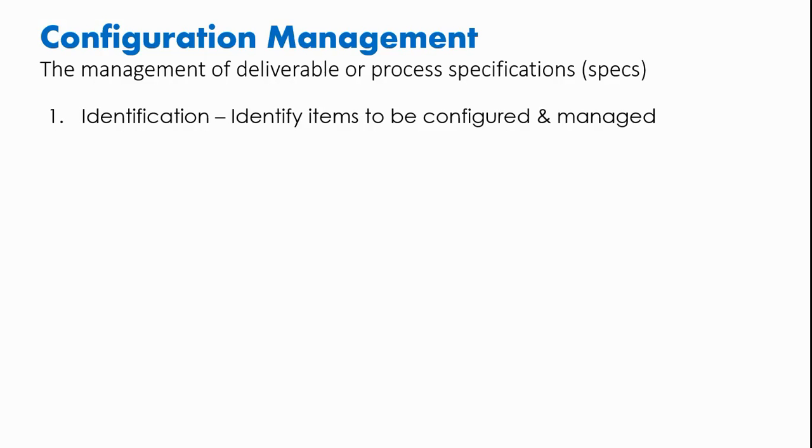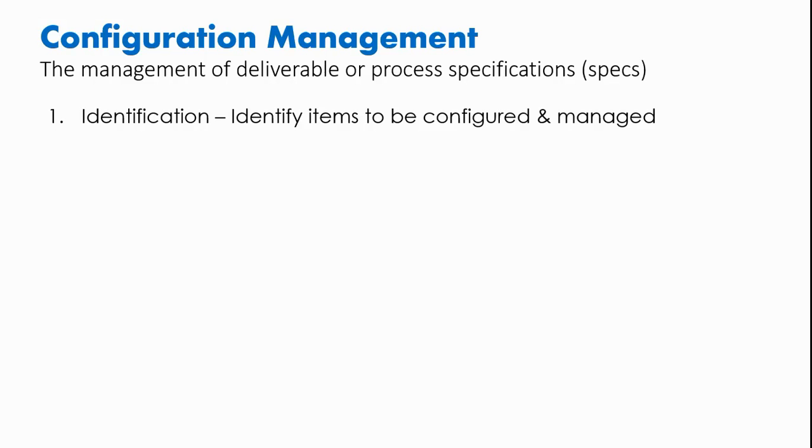For example, when you make an adjustment to a specification in a particular widget, that change would need to be managed through the drawings associated with that widget. So as you are updating your drawings, they need to be well versioned. And whatever has changed in those drawings also needs to be tracked and managed.